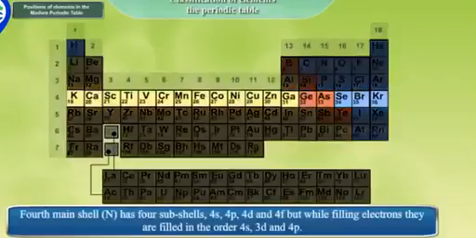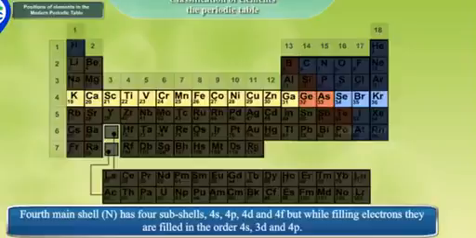The fourth main shell, N, has 4 subshells, 4s, 4p, 4d and 4f, but while filling electrons, they are filled in the order 4s, 3d and 4p.